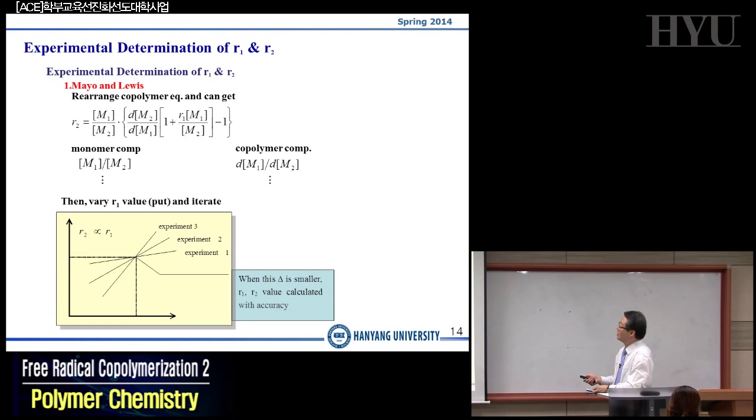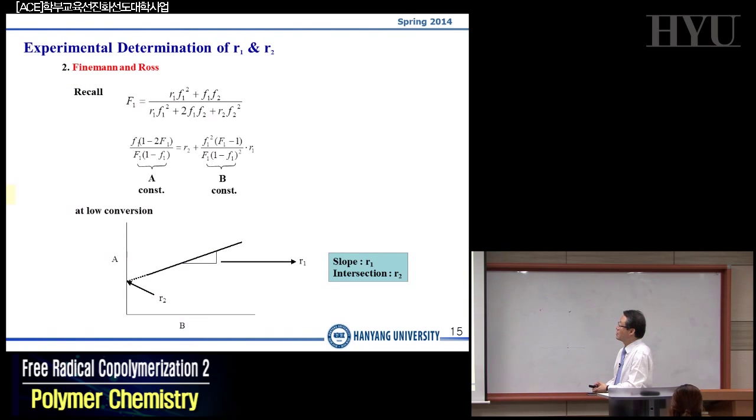This is what they call the Mayo and Lewis method. Mayo and Lewis devised this way of measuring the r1 and r2 by varying the monomer composition and determining the copolymer composition in your copolymer systems. So the smaller the triangle, the more precise value that you can get in r1 and r2.